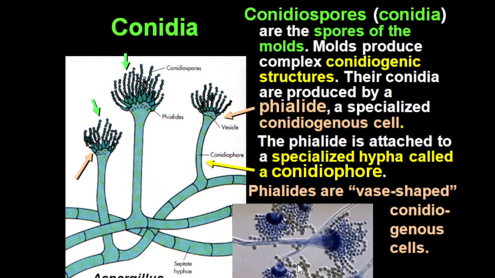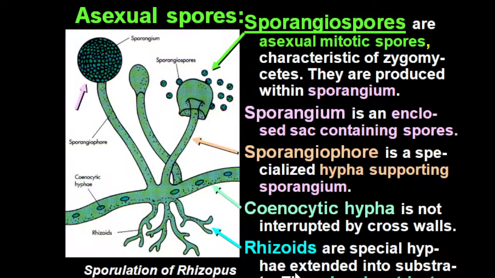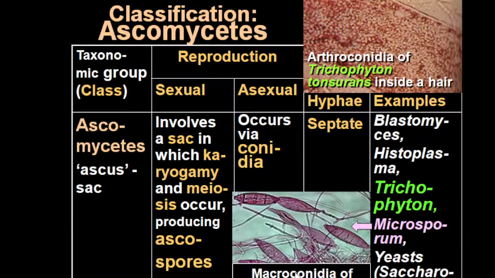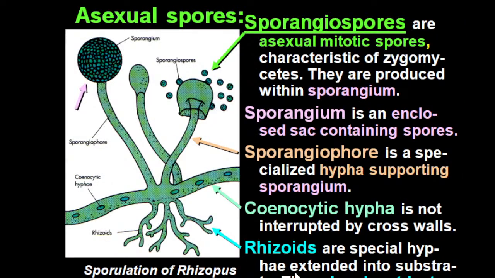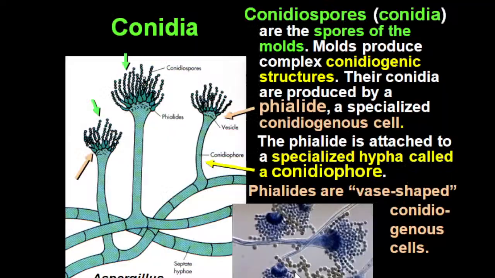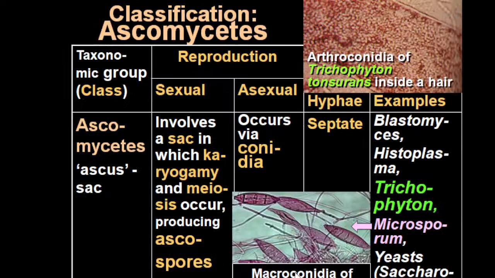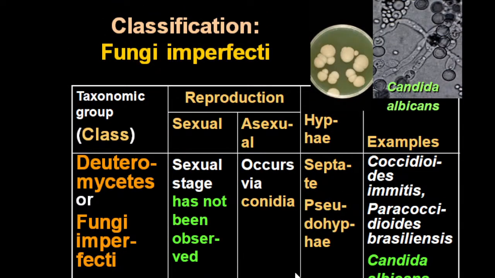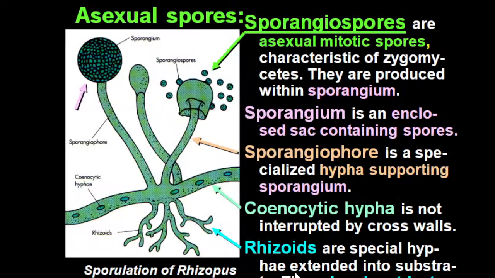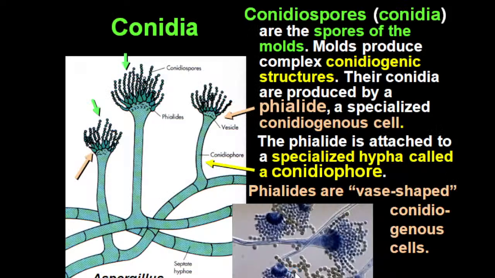They can be broadly divided into two types. Conidia, this is the first one, and conidia can be produced in two ways.